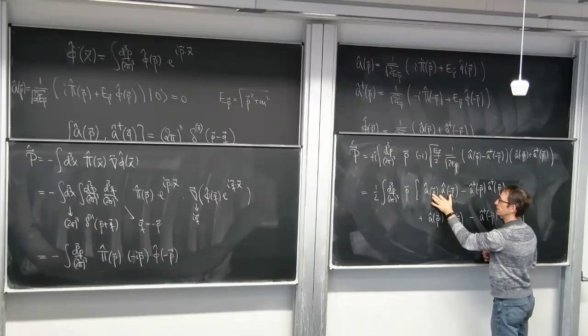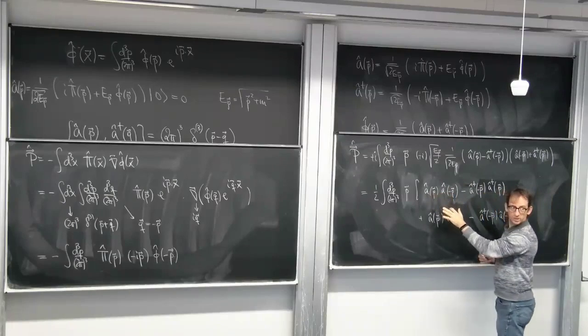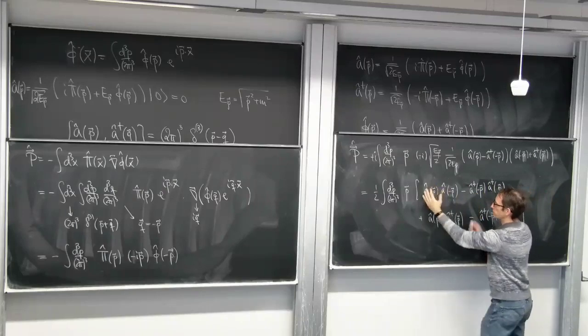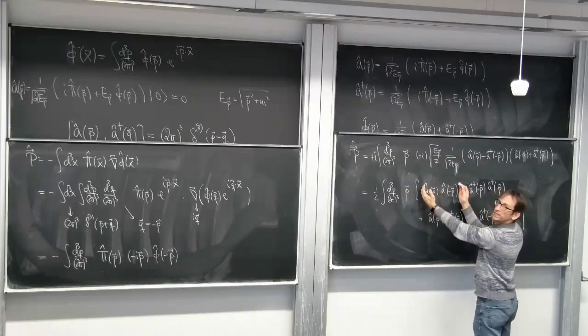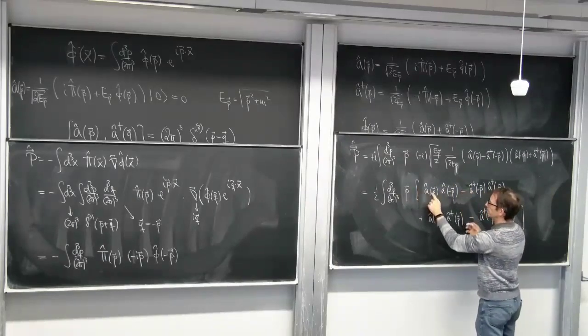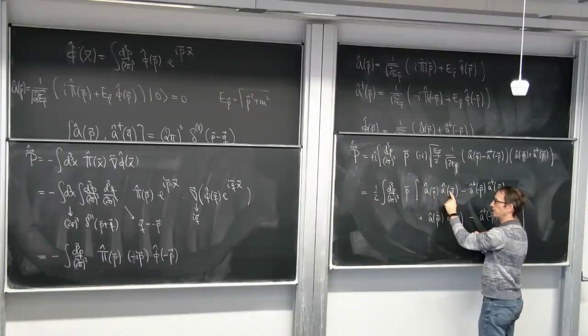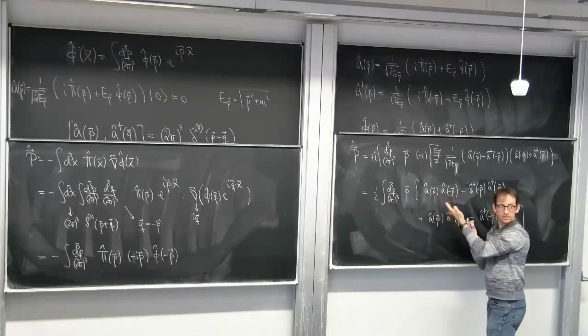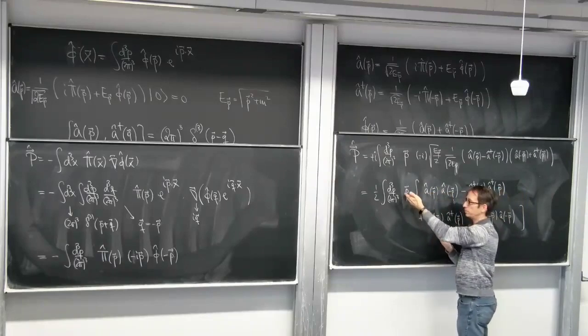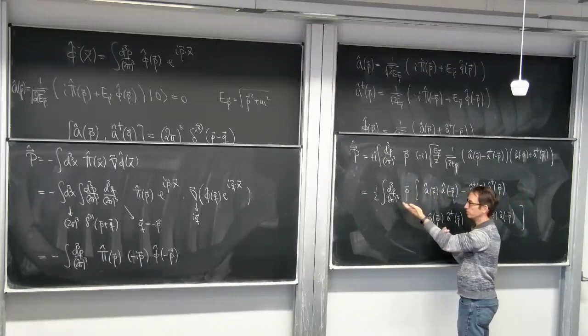So this thing is symmetric in p goes to minus p. If I send in this term here p to minus p, change the variable, then this will be a minus, and this will become a plus. I can bring it in the other order. So it's symmetric under p goes to minus p. This factor is antisymmetric because it's just naked p. p goes to minus p is obviously antisymmetric.